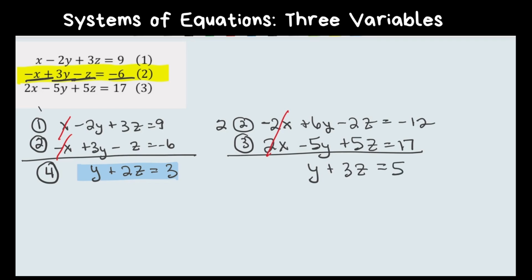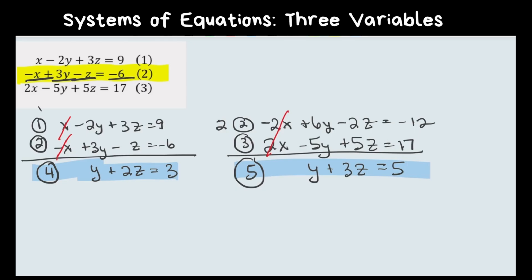I am going to label this equation. So this blue one is 4, and I'm going to label this one 5. So the 2 blue equations are what I'm going to use now to move forward. We had 3 variables. Now the 2 blue that are highlighted have just 2 variables, y and z.